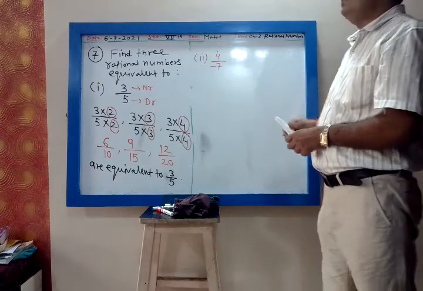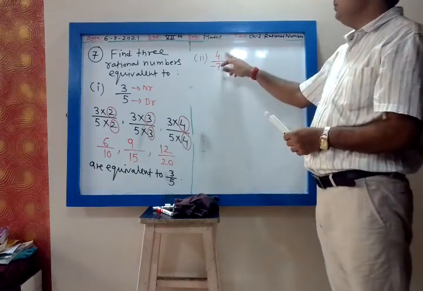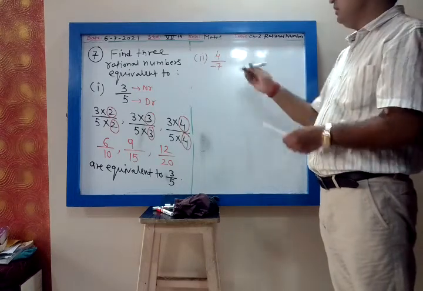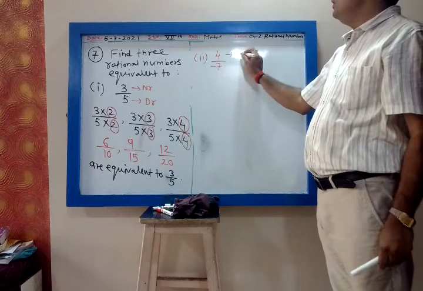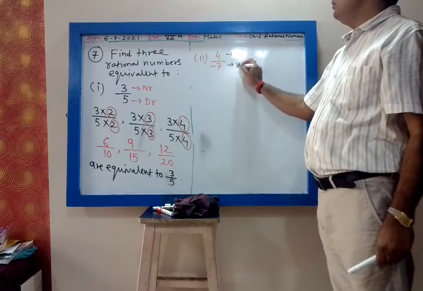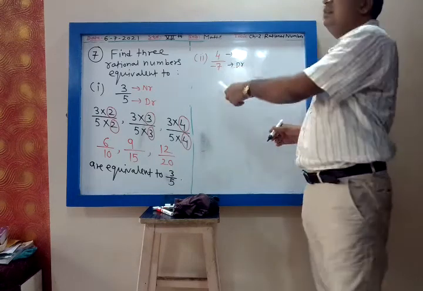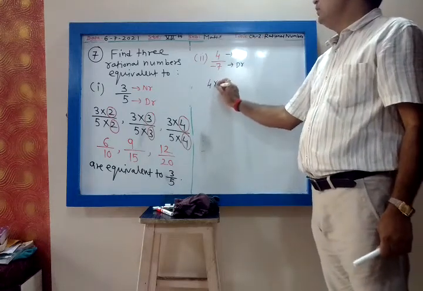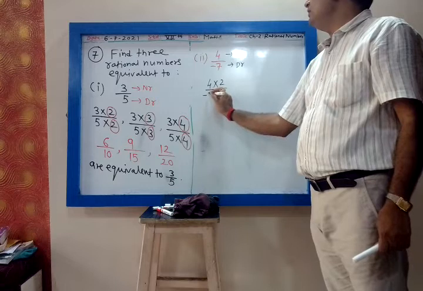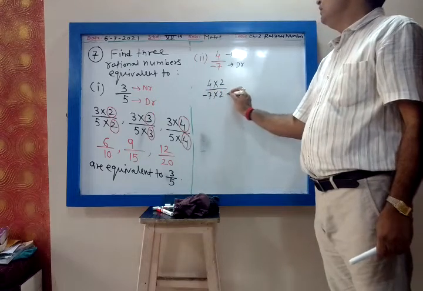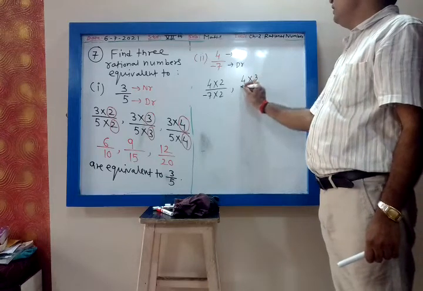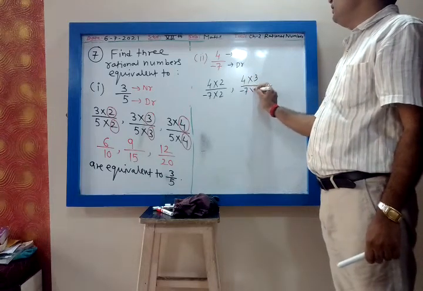Now how will you get the first rational number? I will multiply the numerator and denominator with three different numbers. First I will multiply with 2, 4 into 2 upon minus 7 into 2. Then the second rational number with 3, 4 into 3 upon minus 7 into 3.